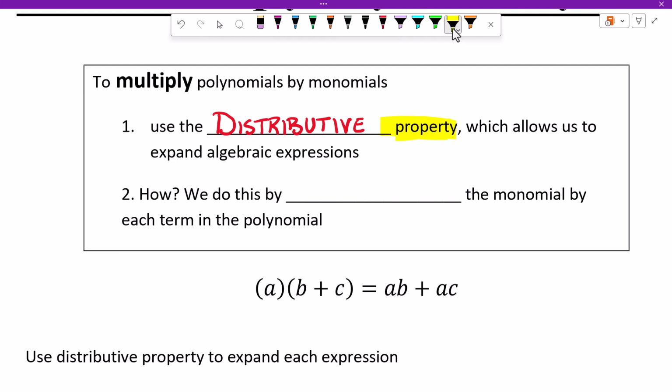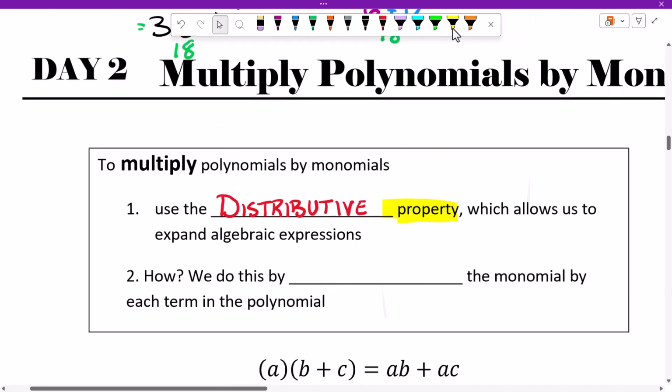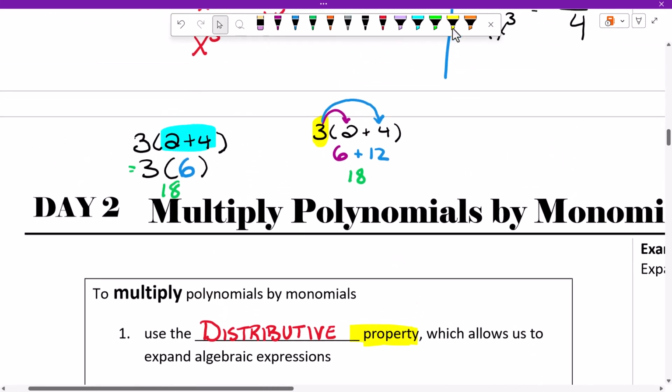The word distribute means to give, to spread out. So we take the number in front, and we distribute it to everything over here. That's what it means.